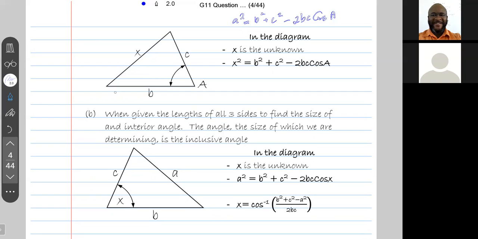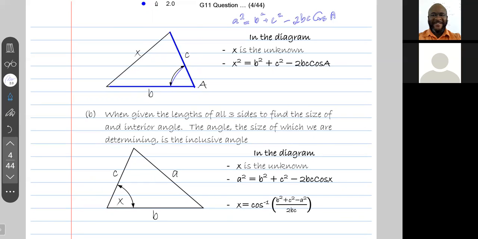Here, b and c are the sides of known lengths, and A is the angle between them. The angle between two sides is the inclusive angle.